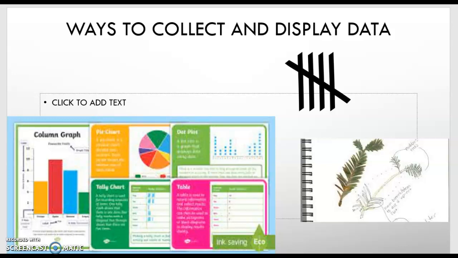So if you're making a qualitative observation, drawing a picture would probably be the best way to go, or writing down descriptive words. If you're making quantitative observations, doing a tally or making a graph, a pie chart, those would be tools for you to use.